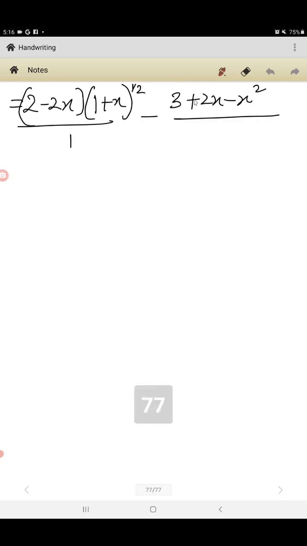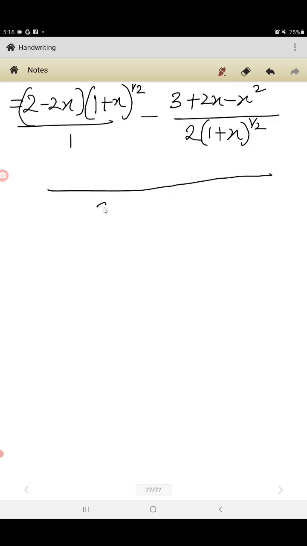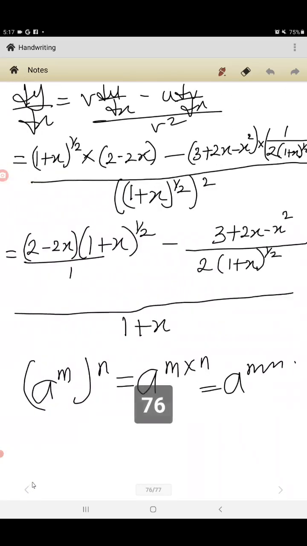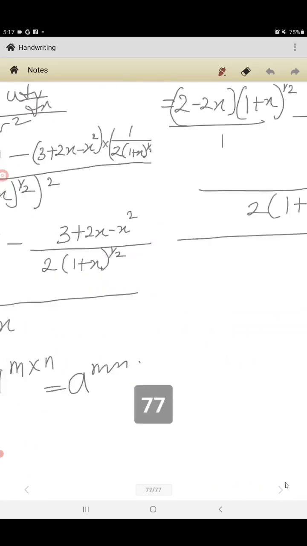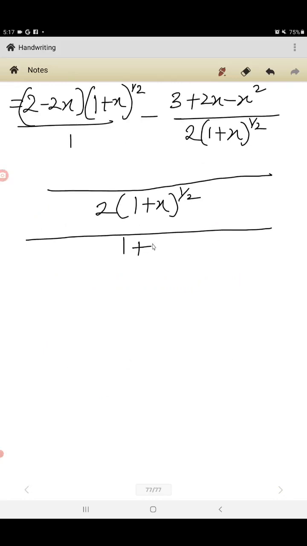That is 2 onto 1 plus s raised to power half. Therefore, the first LCM is 2 onto 1 plus s raised to power half all over 1 plus x.